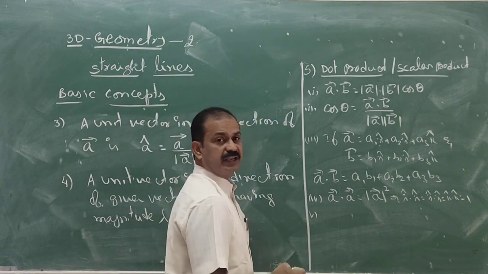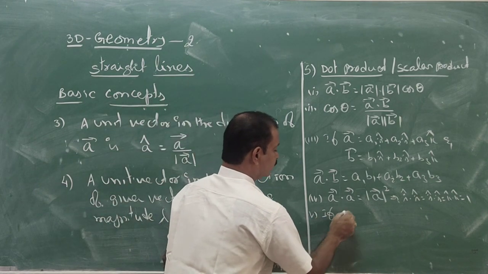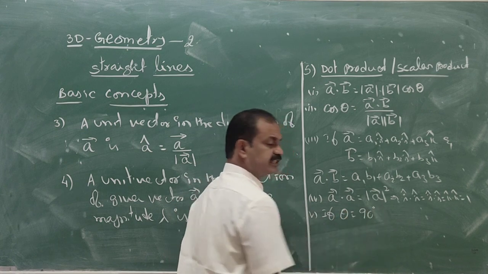Next, fifth one is if theta is equals to 90 degrees.